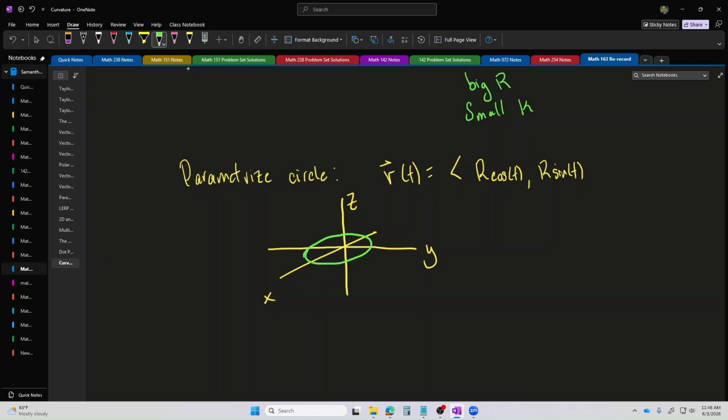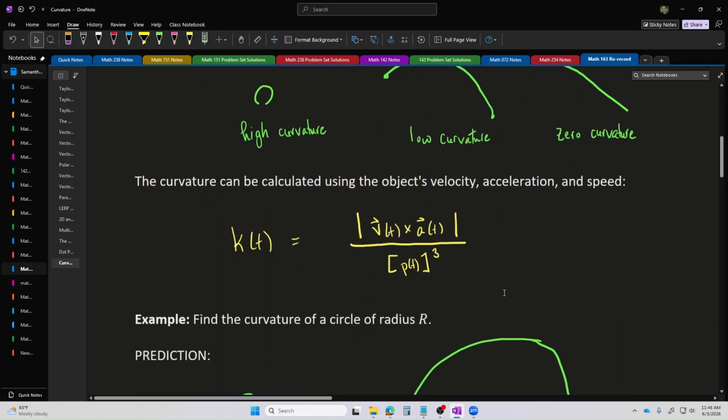The reason why I'm going to parameterize this circle in 3-dimensional space is because this formula for the curvature involves a cross product. And I remember that the cross product is something that's only viable for a pair of three-dimensional vectors. So if I'm using this formula involving the cross product, the cross product needs a three-dimensional v and a.